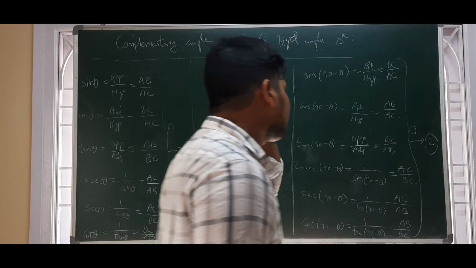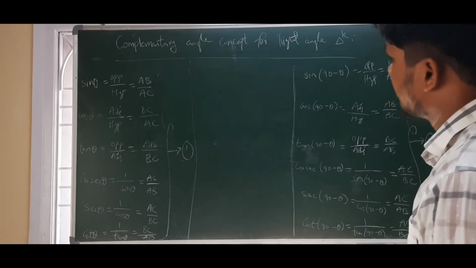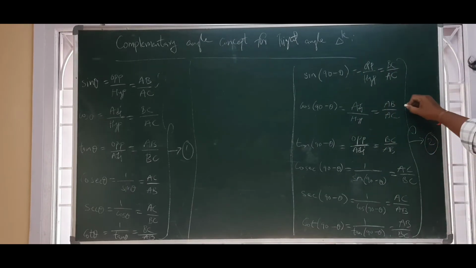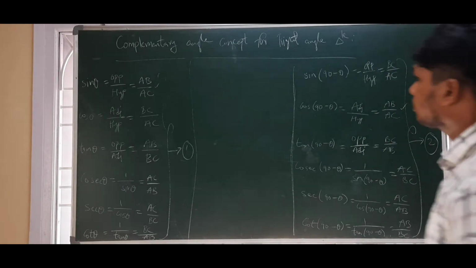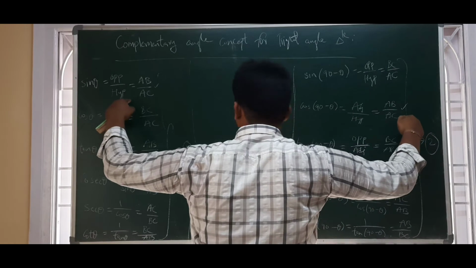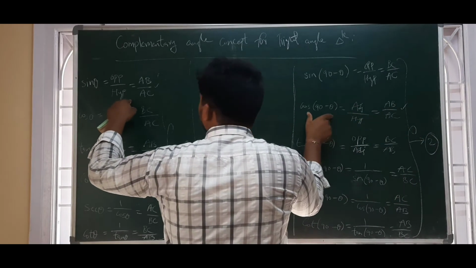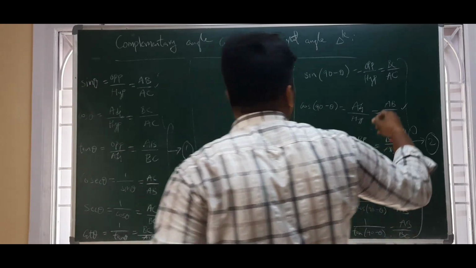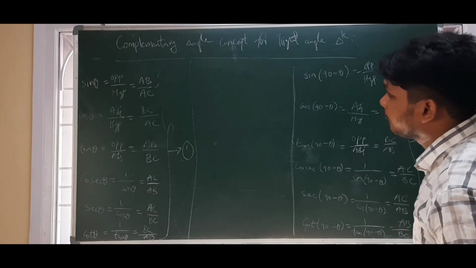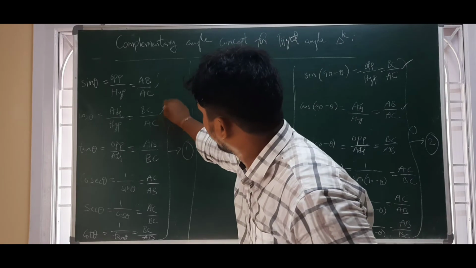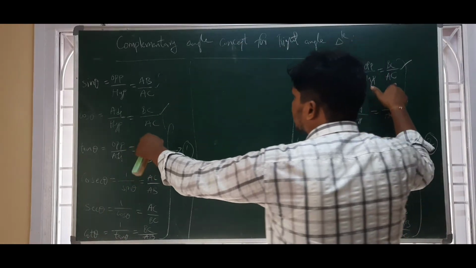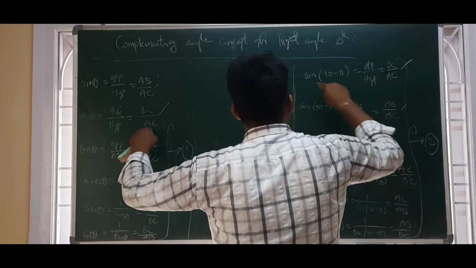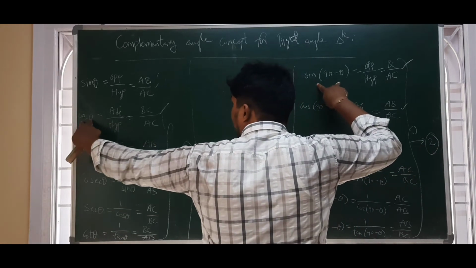Now if you clearly observe both equations, AB by AC, AB by AC, can I equate cos 90 minus theta to sin theta? Similarly, BC by AC, BC by AC, can I equate sin 90 minus theta to cos theta?